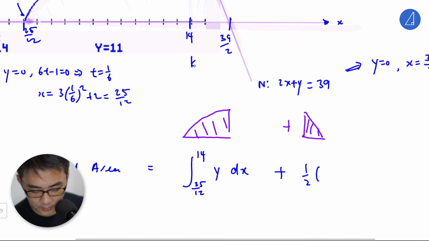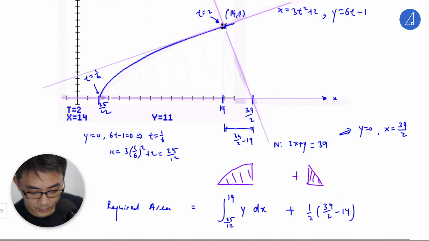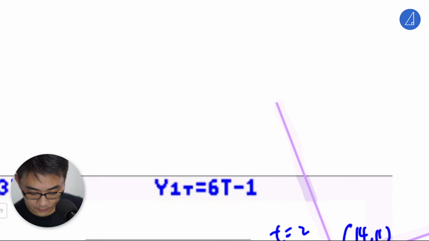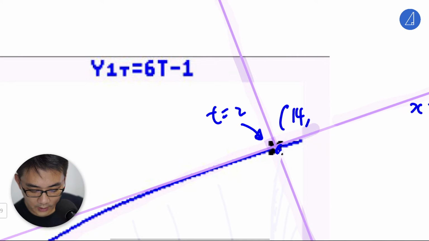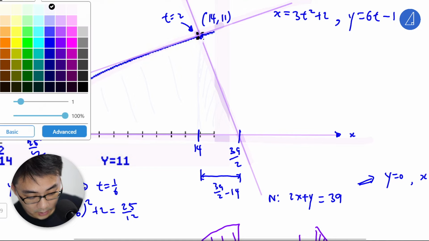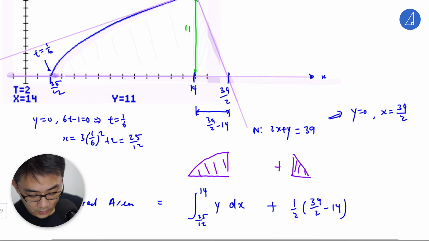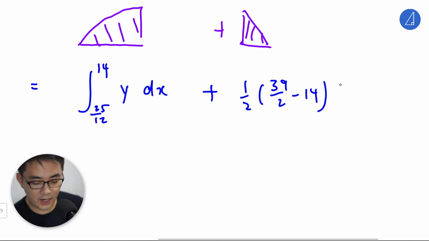The base here would be 39 over 2 minus 14. And the height would be 11, right? The height here is 11 units. So I'm going to just write this down. So the area of the triangle is not an issue. Half times base times height.